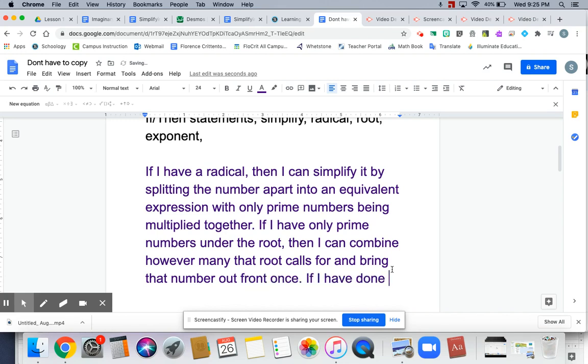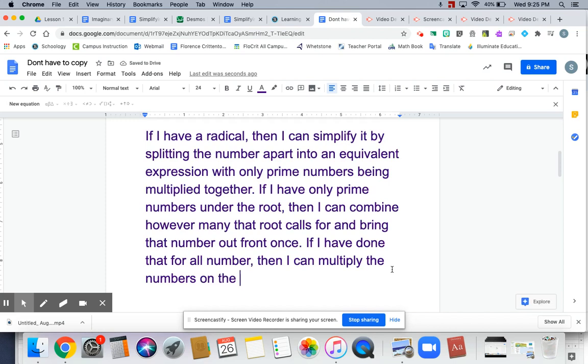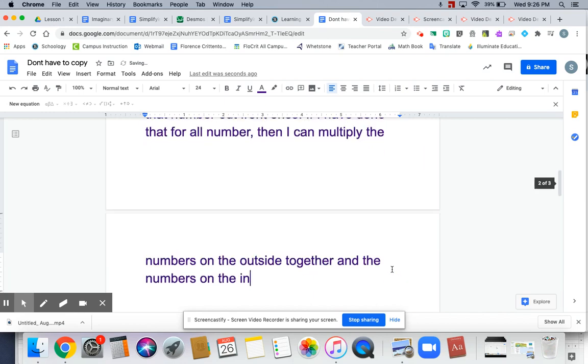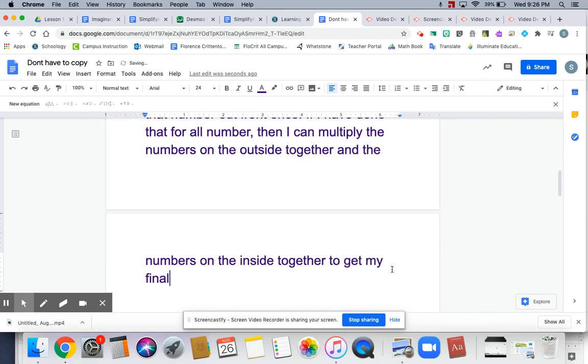If I have done that for all numbers, then I can multiply the numbers on the outside together and the numbers on the inside together to get my final simplified radical expression.